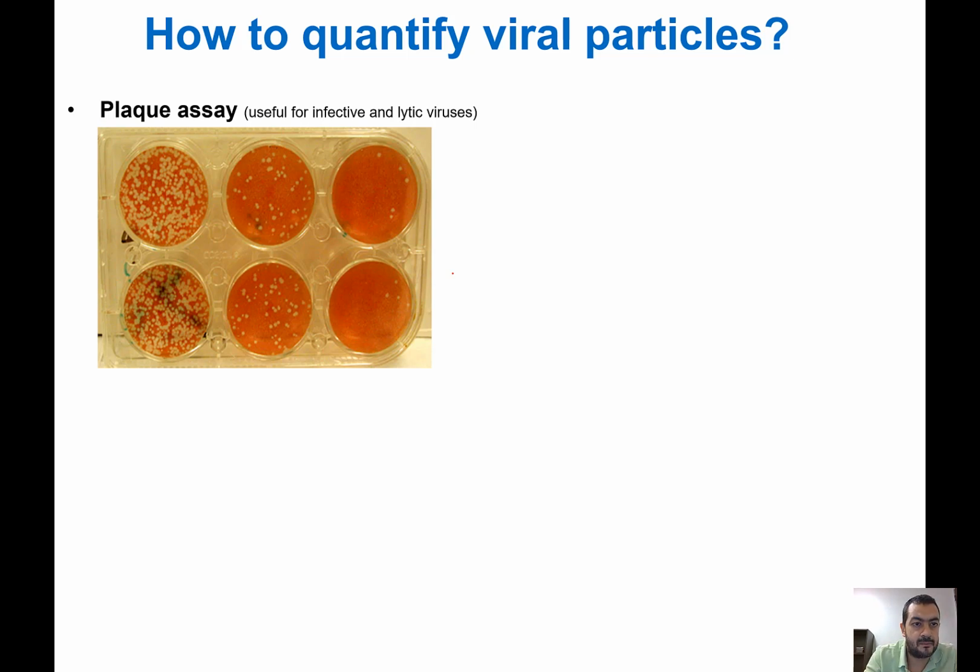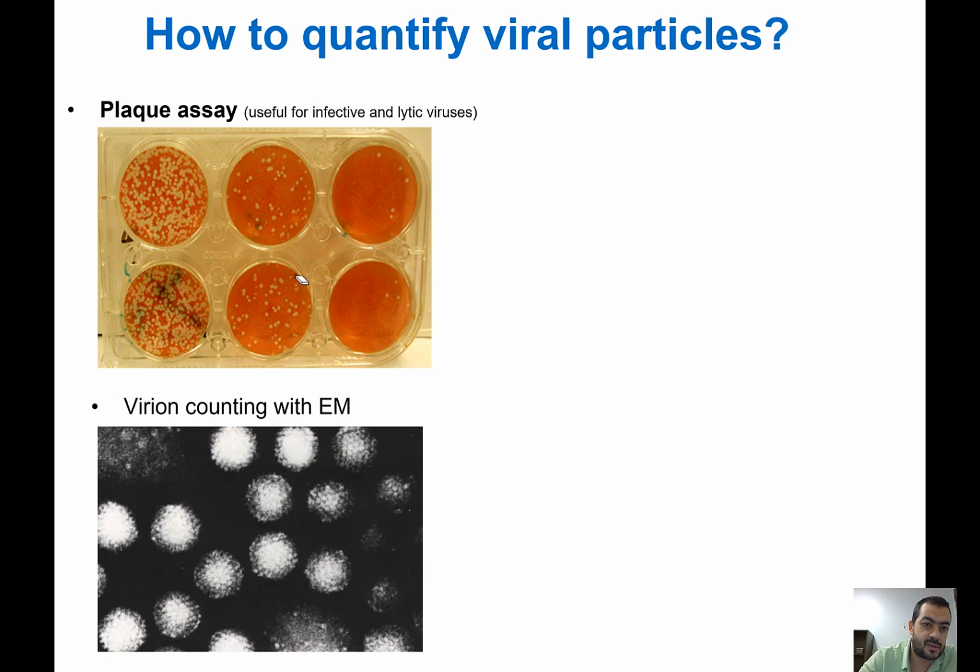So here, let's say you did a duplicate of each. You have the 3 flasks, if you remember. Here the number of plaques is the largest, and this should correspond to the highest viral load, while this should correspond to the lowest viral load, and this is something in between.